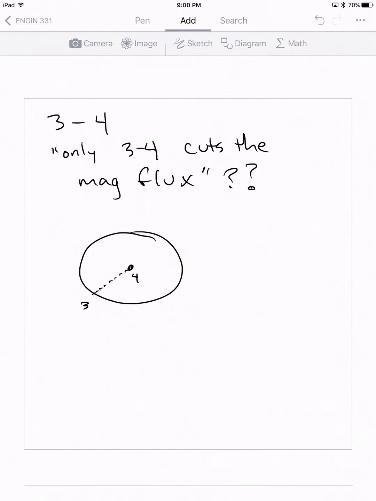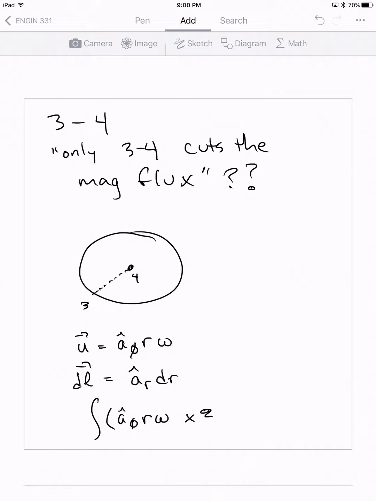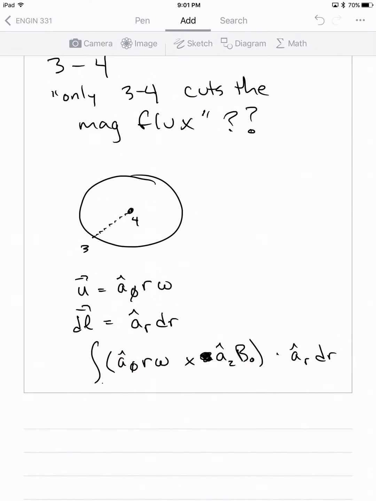What we have then is U equals a hat phi r omega, omega being the angular velocity. dl is equal to a hat r dr. And so that contribution of the contour integral is going to be a hat phi r omega cross B, which was a hat z B naught, dot a hat r dr. And that goes from 3 to 4.